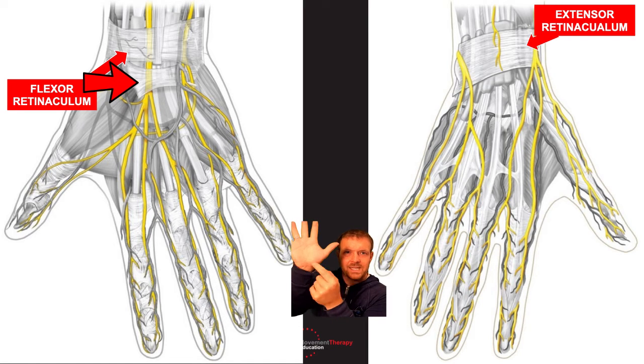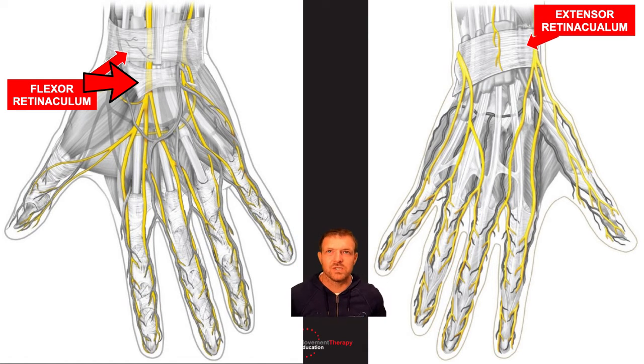So what we're looking at is something that covers the top from there to there. Okay, so that's the region that we're looking at here. So you're going to have the scaphoid and the trapezium on this side, and then the pisiform and hook of hamate on the little finger side. Okay, so that's what they are.